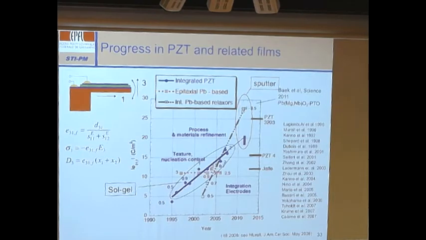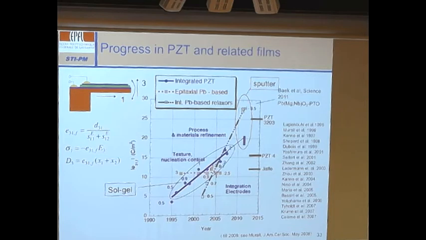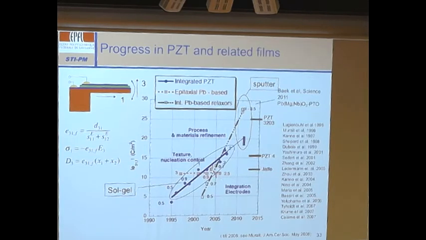Yeah, okay. And this is also illustrating. I once did the work to collect everything I found about this transverse piezoelectric coefficient. This was our work or from other people. Sol-gel deposition, how the coefficient went up. This was epitaxial. It's not quite clear why epitaxial films do not make so much progress.